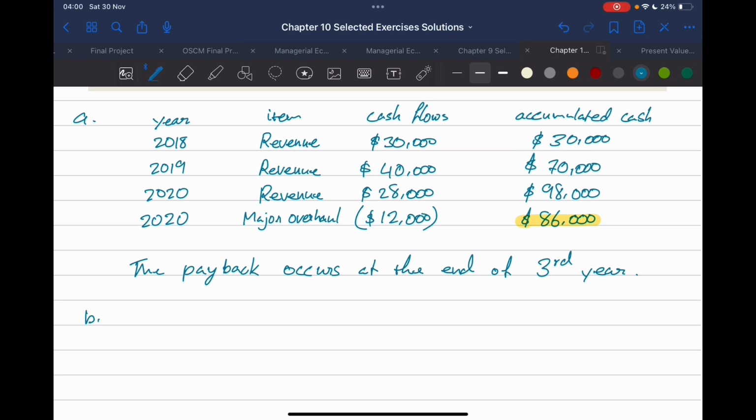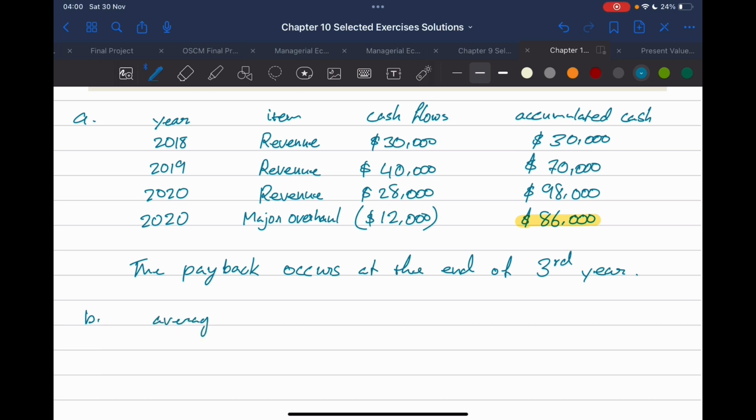Now, the average cash inflow is computed by adding or summing up all of the cash inflows and outflows, again, except for the initial cost, right? And then dividing these by the duration, or the lifespan, of that investment, right?